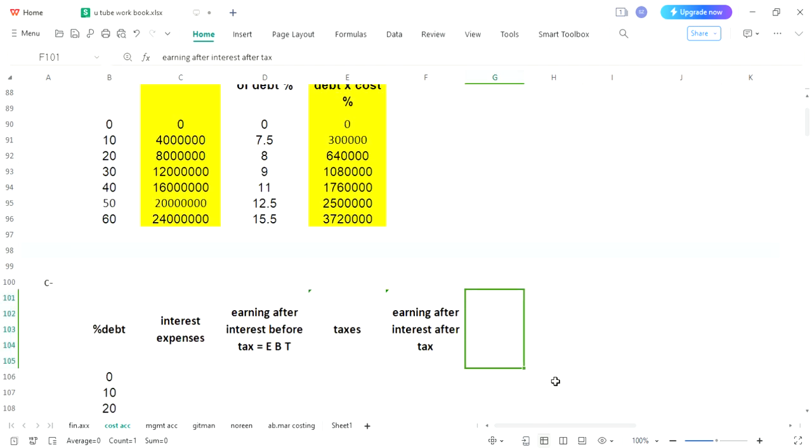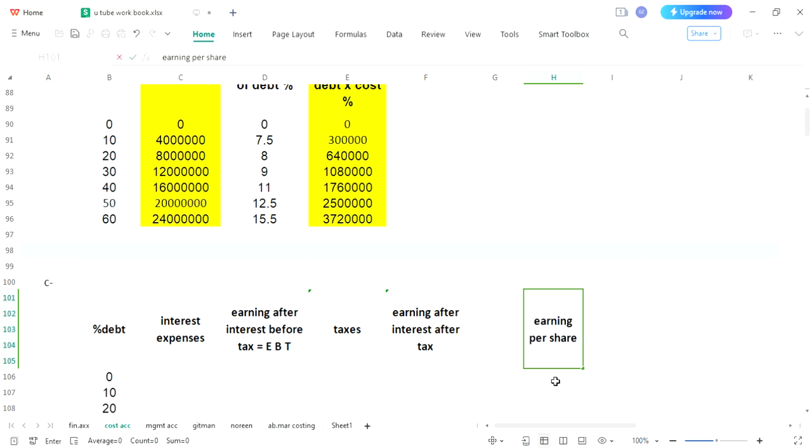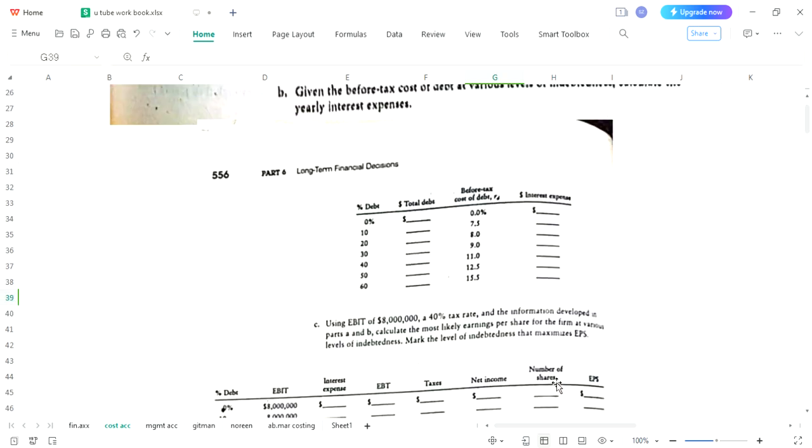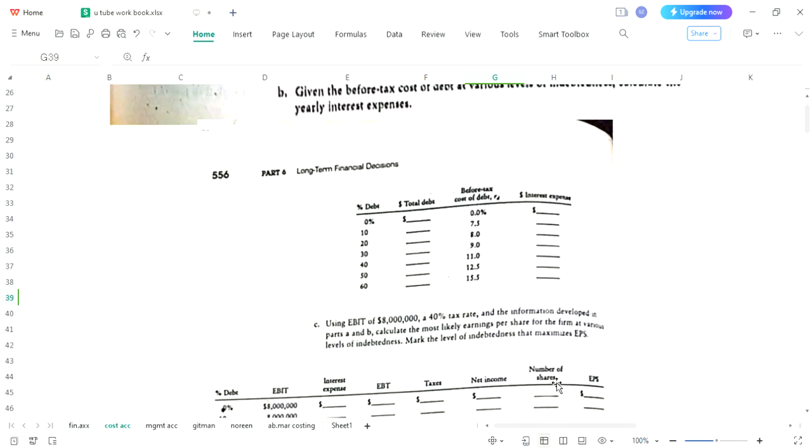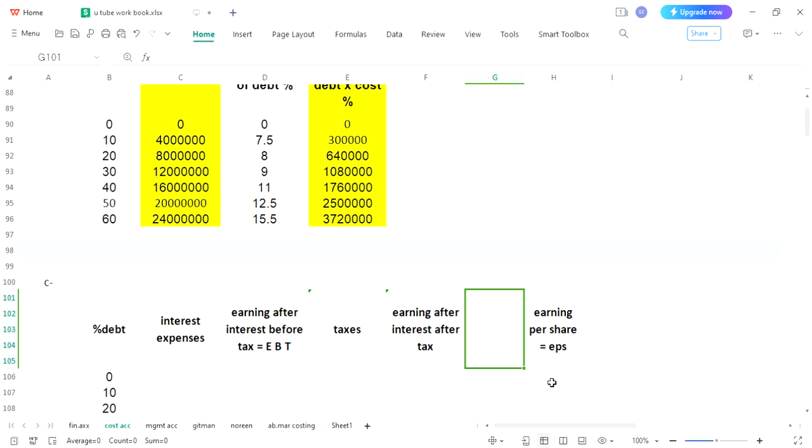And now number of shares and EPS would also be required. Earning per share is equal to EPS, and second last column is number of shares. Number of shares would be written over here.